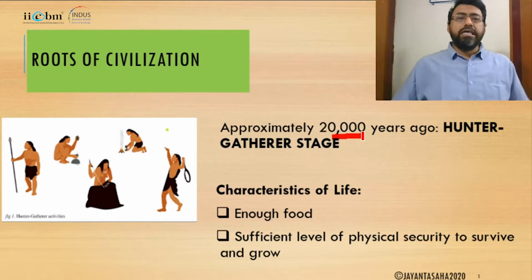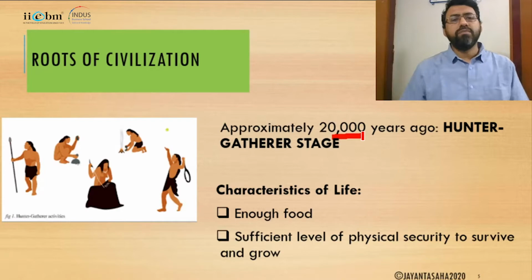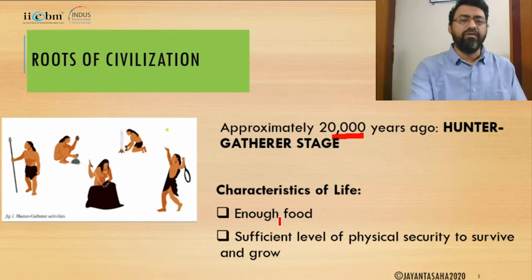This is called the hunter-gatherer stage. So how were human beings subsisting during this time? Essentially, the characteristics of life were that they used to have sharp weapons. Using these sharp weapons, they used to hunt animals. And since the number of animals around them was abundant, obviously there was enough food available.